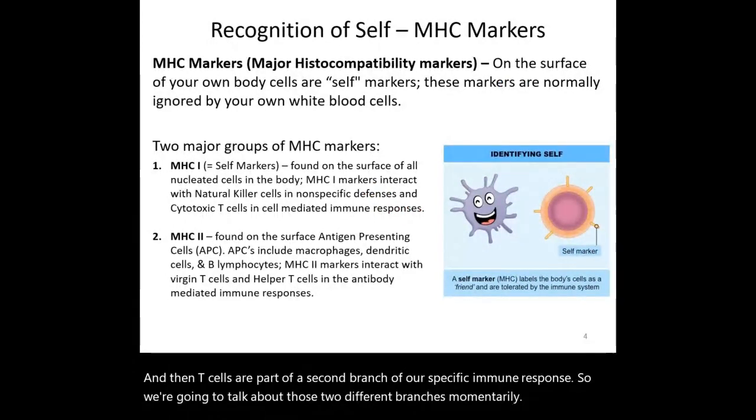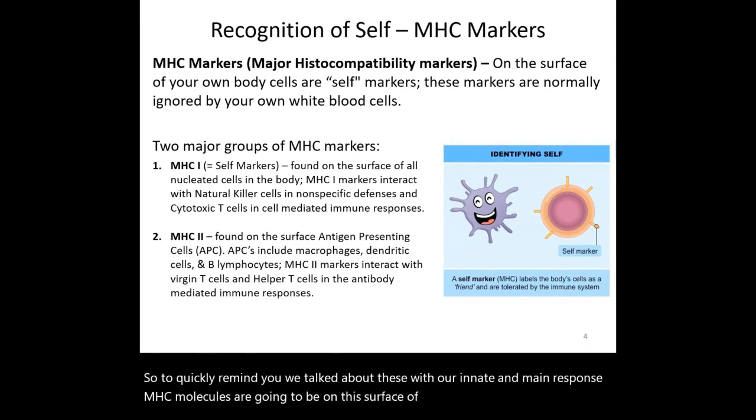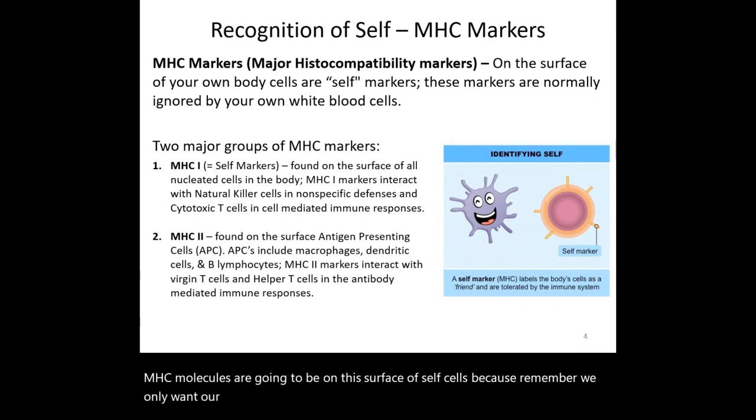So to quickly remind you, we talked about these with our innate immune response. MHC molecules are going to be on the surface of self cells because remember, we only want our white blood cells to attack non-self cells, aka pathogens, although some will attack infected self cells as well.